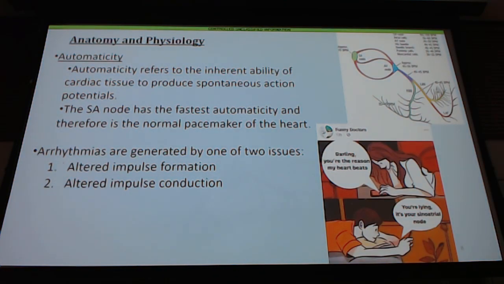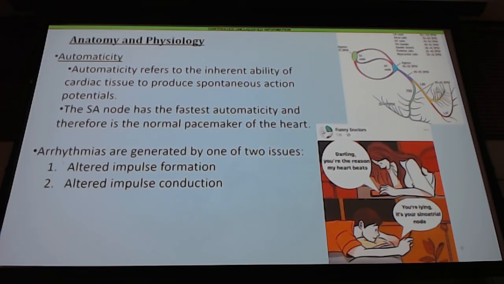But we also learned that automaticity is regulated at these different areas, where there's a preset rate at which these action potentials are generated in those different pacemaker cells. The SA node has the fastest rate, which is why it tends to drive the cycle.